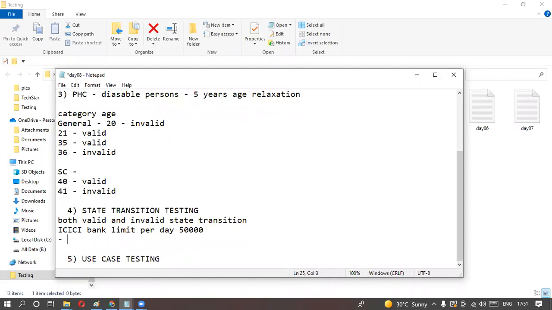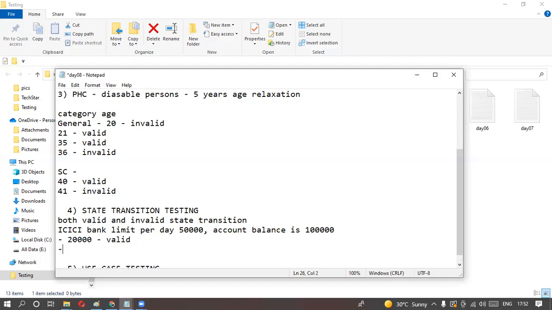Your account balance is 1 lakh available, but ICICI bank limit per day is 50,000. So you withdrew 20,000 rupees. Is it valid? Can you withdraw the cash using this 20,000 or not? Yes, we can withdraw.